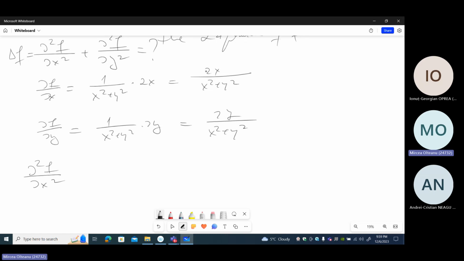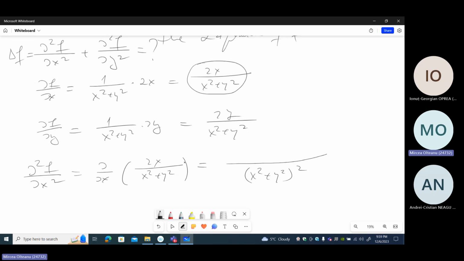Okay, so we need to take this function and differentiate it with respect to x. Of course, this is a ratio, so we shall use the quotient formula.